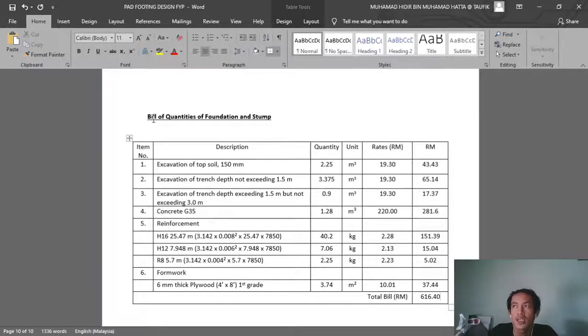It is quite high because, as we know, in this era the price of houses will increase with time. So it is logical that the price of one stump is 600 plus, 616.